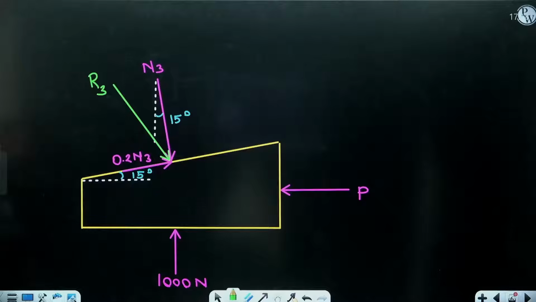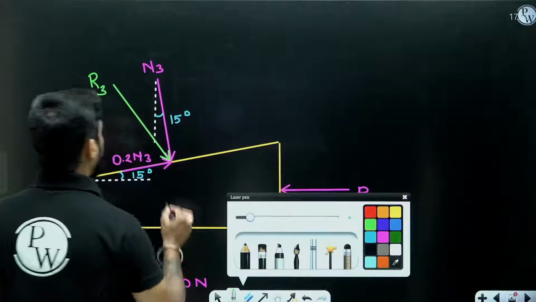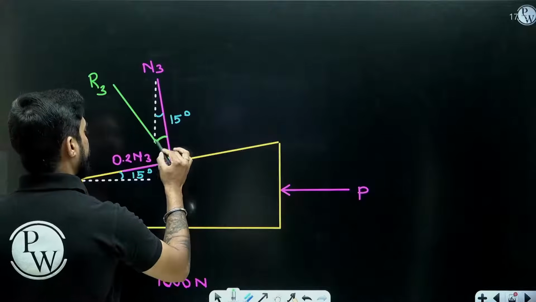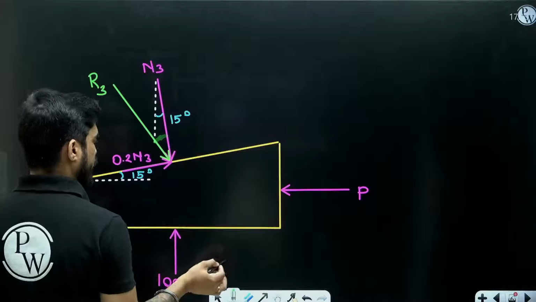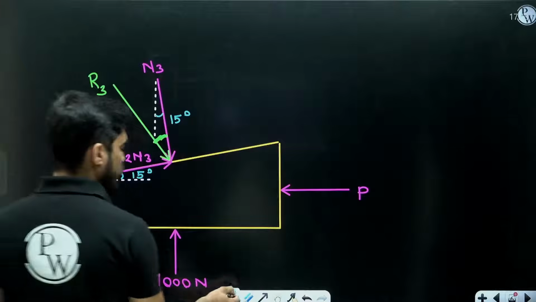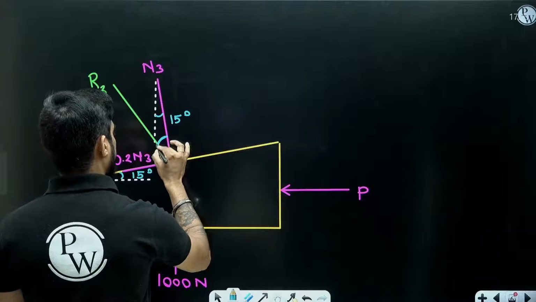Okay. Now understand this. The angle between R3 and N3 is equal to phi. This angle is phi.